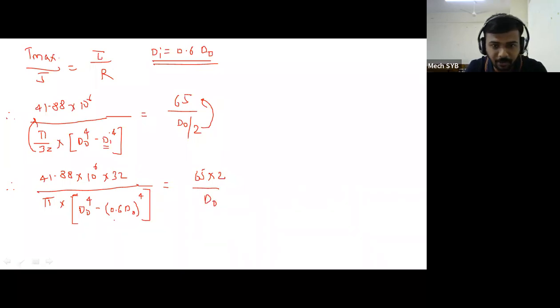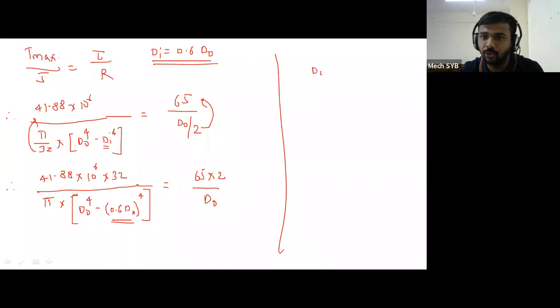What I have done, this step is very, very important. 0.6 into do and bracket raised to 4. Sometimes what students are doing, that is do raised to 4. Okay, 0.6 into do raised to 4 is equal to previous value. They are making the do raised to 4 only, but during the calculation they are not doing the 0.6 raised to 4.